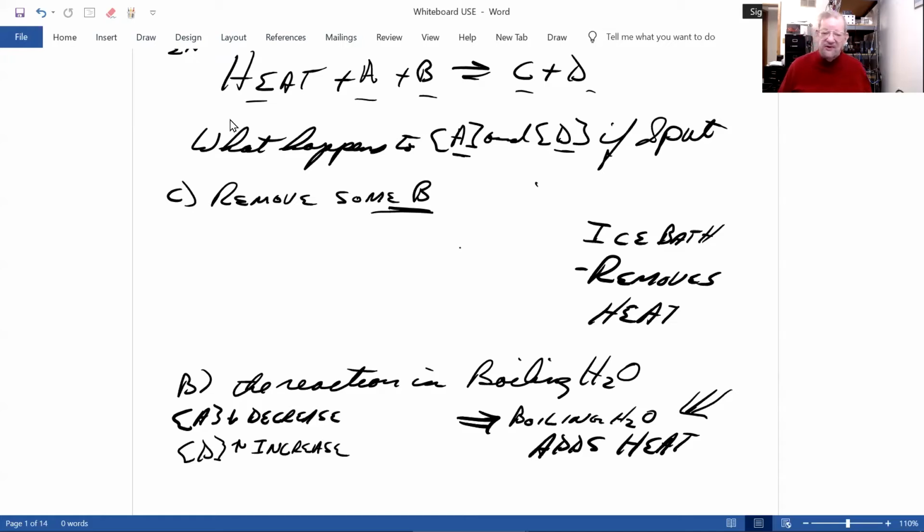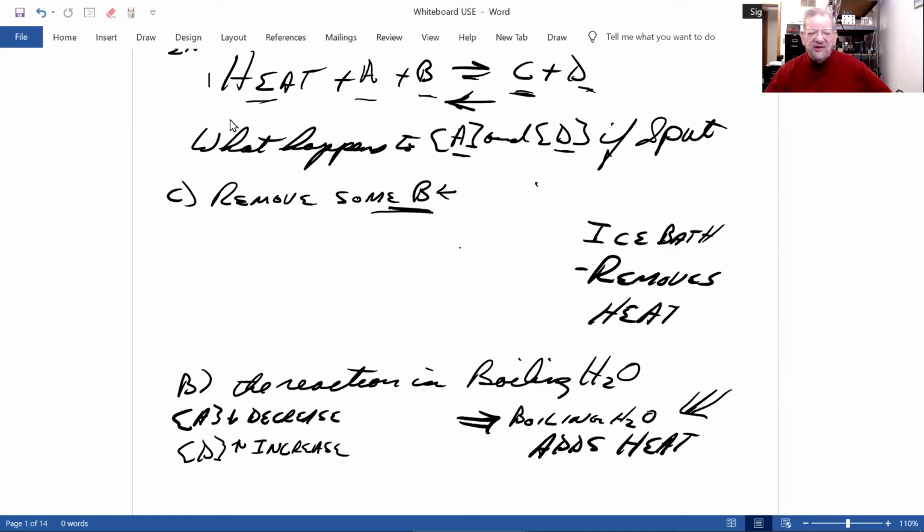Well, there should be a certain amount of B. Now there's less. Oh no, we don't have enough B. So you need to make more B to replace what you remove. How do you do that? C and D react to make more A, B, and heat, because we're replacing what we remove.